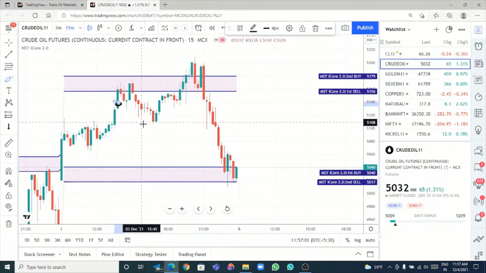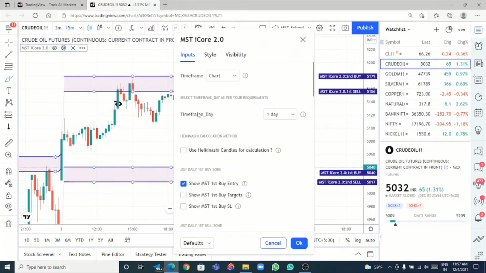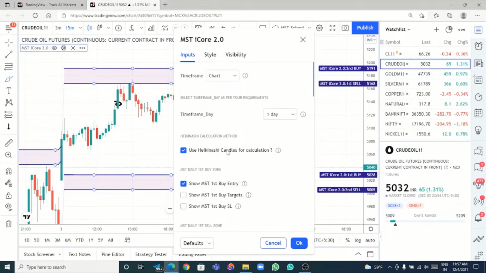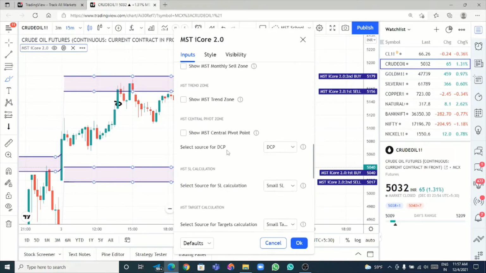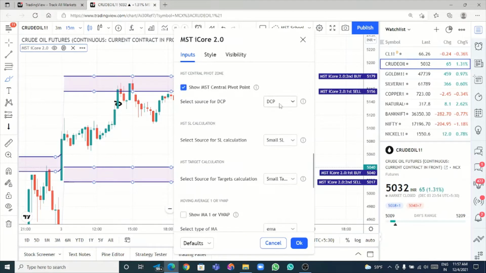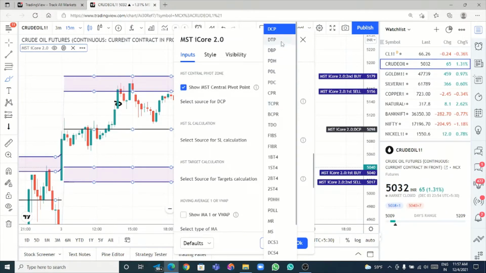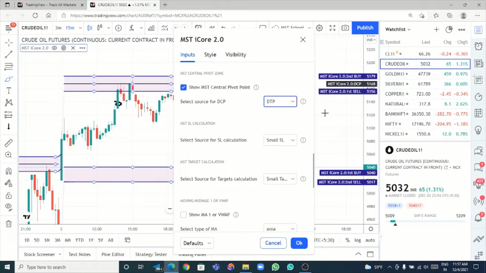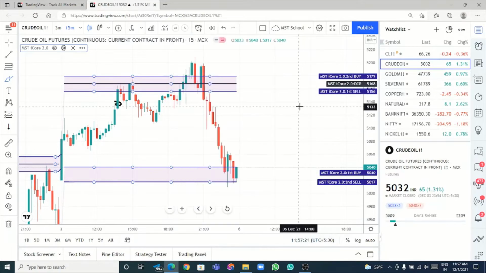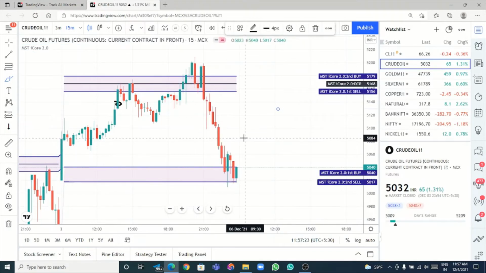Now what we can do, either go here and change to Heikin-Ashi. This is one method. Another method, come here and select DTP. This is the second method. Why? Because the candle which is hitting our sell entry is very powerful.